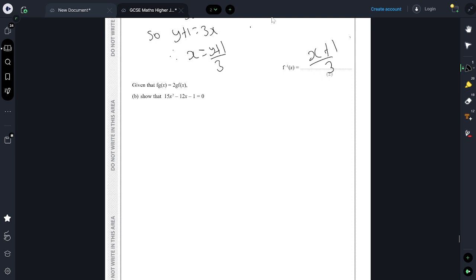So we have given that fg of x is 2g of x. You have to remember, this is what I don't like, this notation, especially when you get to university or even A level, they give it a different way. This is not the same as times in the functions.